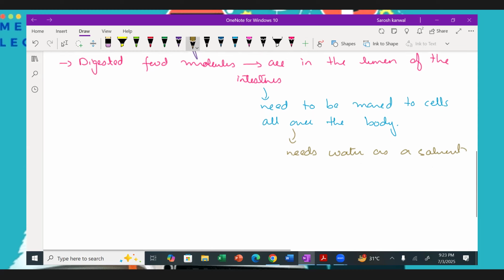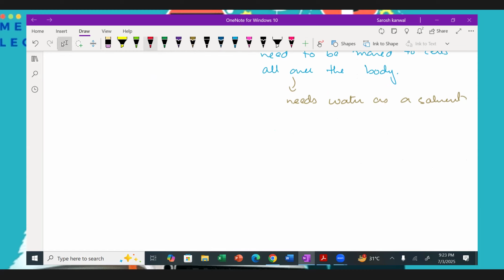Is that clear? Then we have some toxic substances. The toxic substances that are inside the body, such as urea, ammonia, carbon dioxide and other substances.